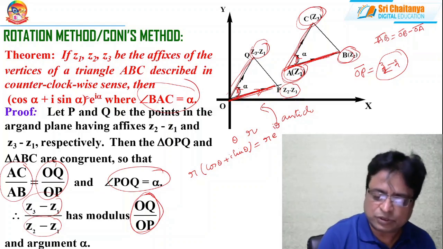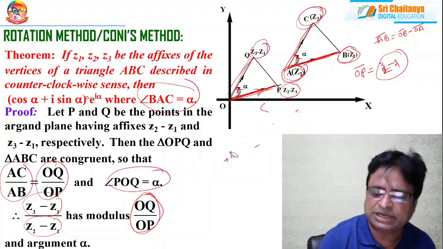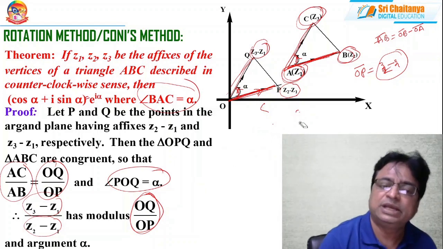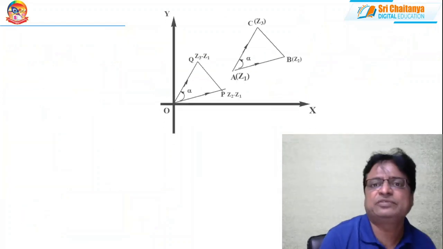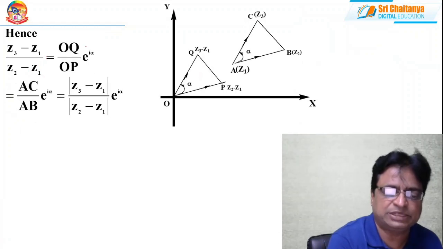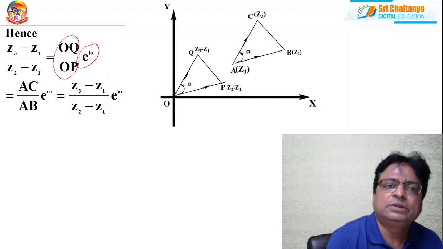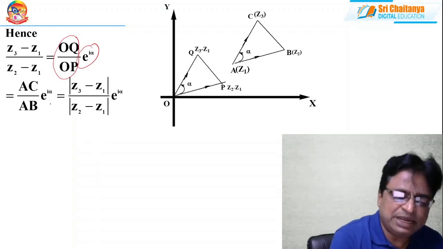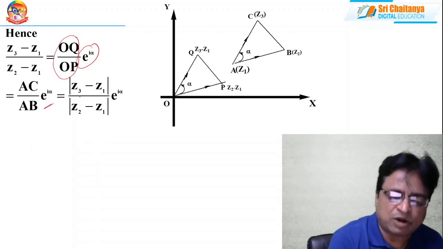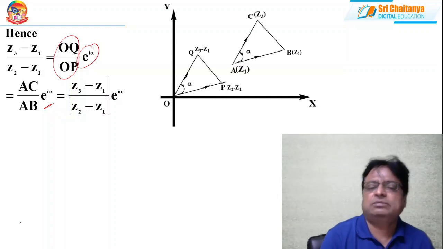Clear? So now here also I know the magnitude of these complex numbers, and I know the angle made by them in the anti-clockwise sense, that is, the argument also. So simply I can represent Z3 minus Z1 by Z2 minus Z1 is equal to r e to the power i alpha, that is AC by AB e to the power i alpha, that is the modulus of Z3 minus Z1 by Z2 minus Z1 times e to the power i alpha. That's all.